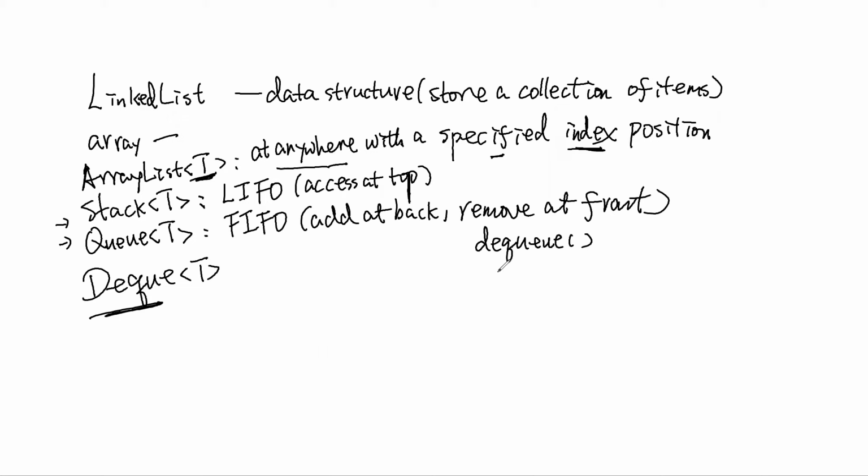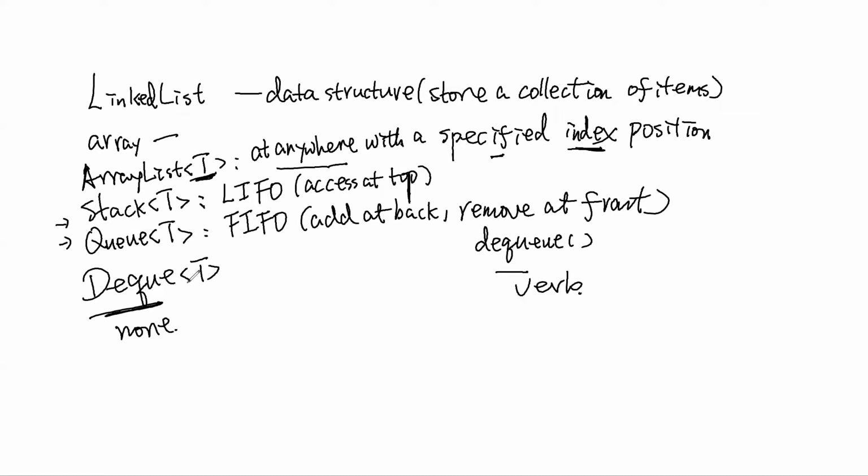How do we pronounce this? What's the difference between these two? This is a verb, and this is a noun. So does anyone know how we pronounce this one? D-E-Q-U-E and D-E-Q-U-E-U-E. This is a verb.